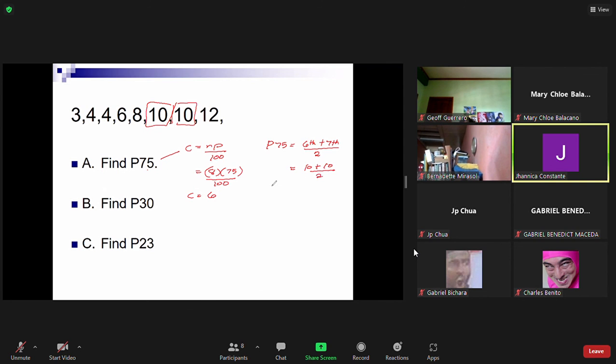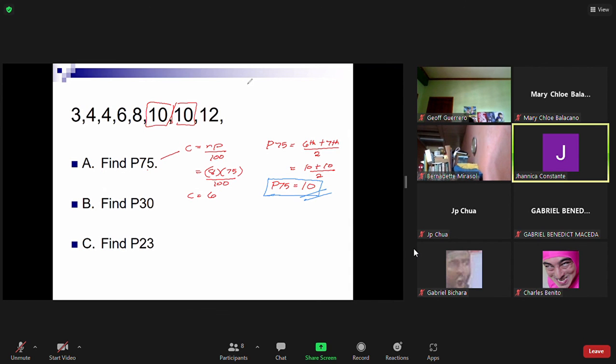Divided by 2, percentile 75 is equal to 10. So the 75th percentile of the set of data that we have is equal to 10.